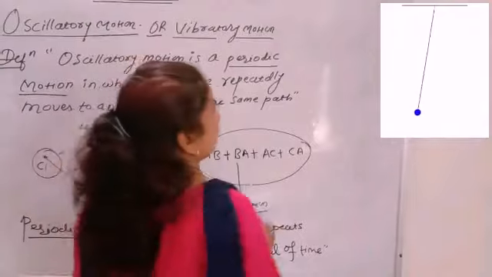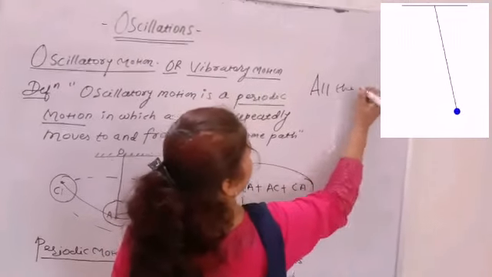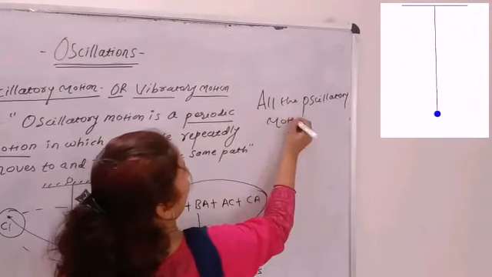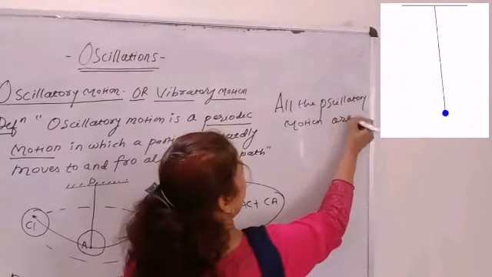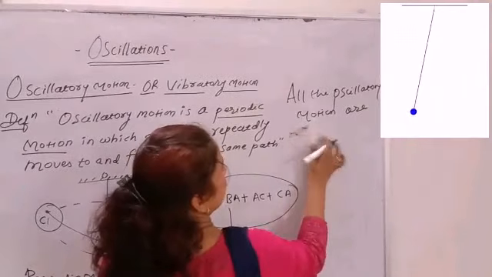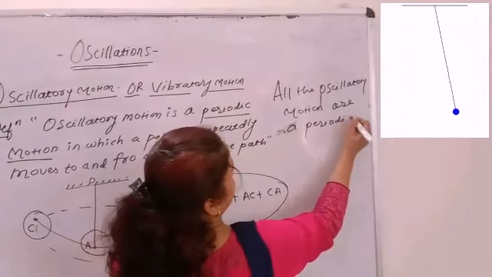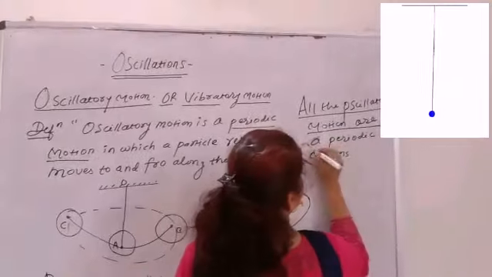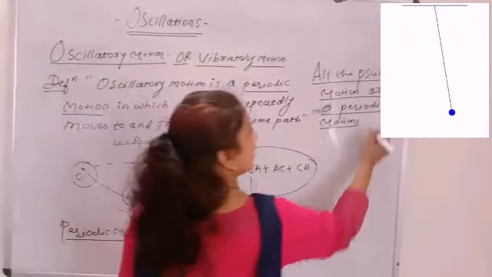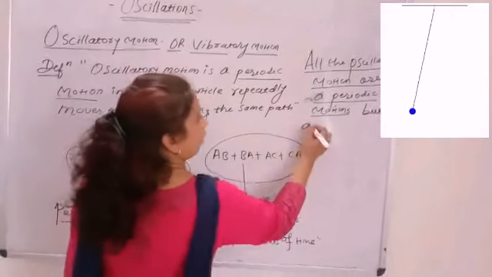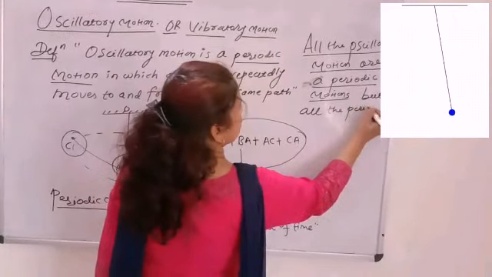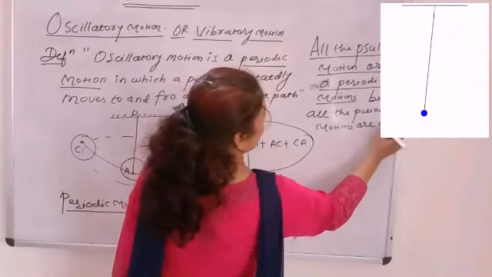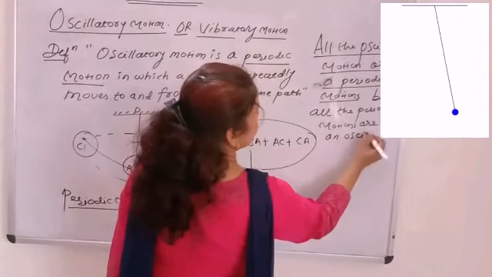What I can say here is that all the oscillatory motions are periodic motions, but all the periodic motions are not oscillatory motions.